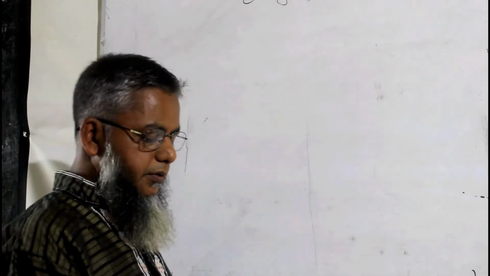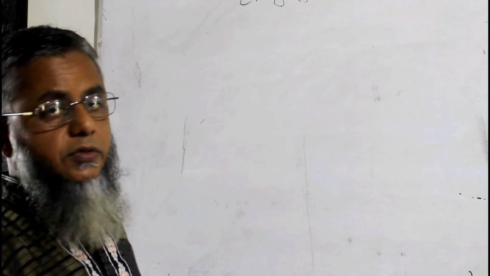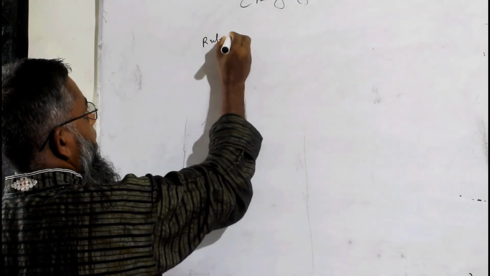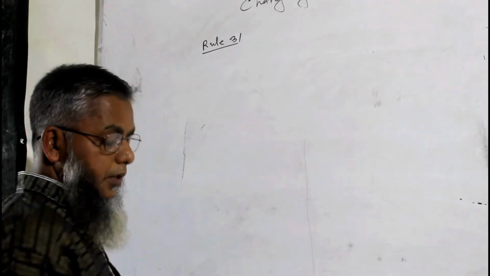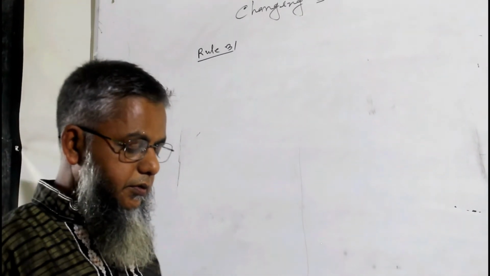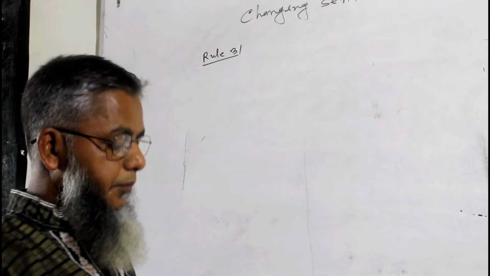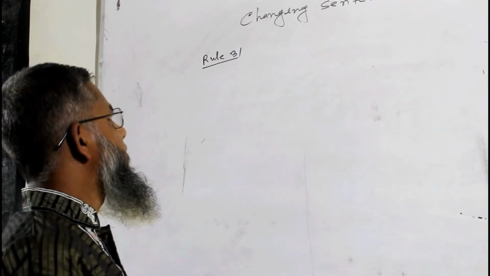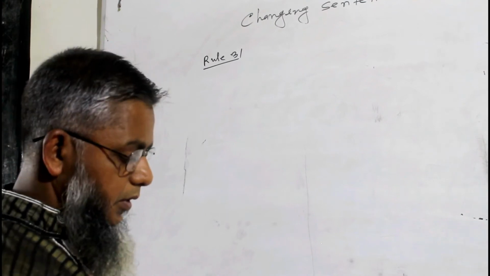Rule 3. If any affirmative sentence has many, few, little, much, how can we change it into negative?